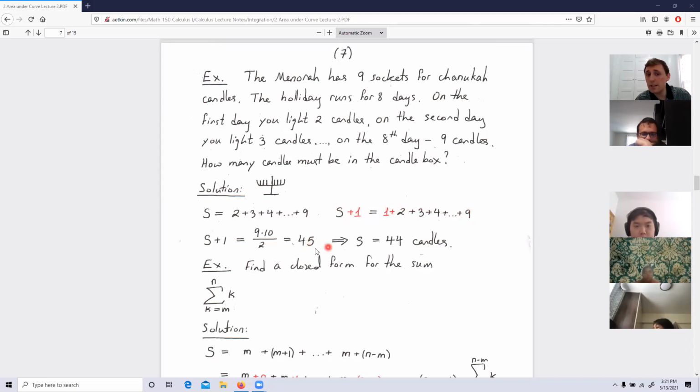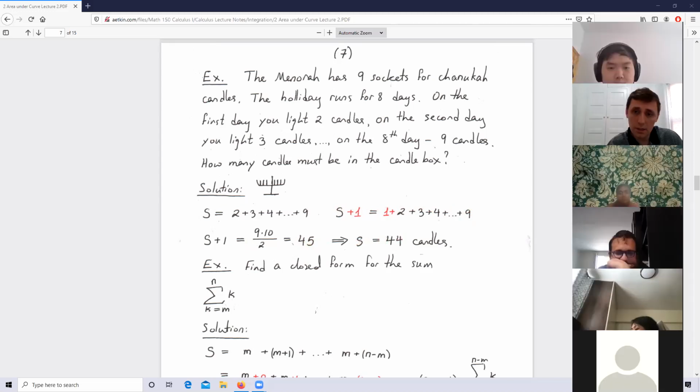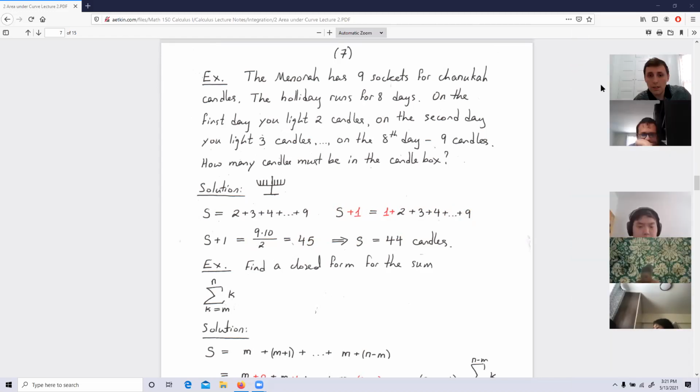You see, S plus 1 is 45. Subtract 1, you get 44, and C was right. Do you understand, guys? You can say 1 plus 2 plus 3 plus 4 all the way to 9, and that would be 45, but we don't have the 1, so take it out. Clear?